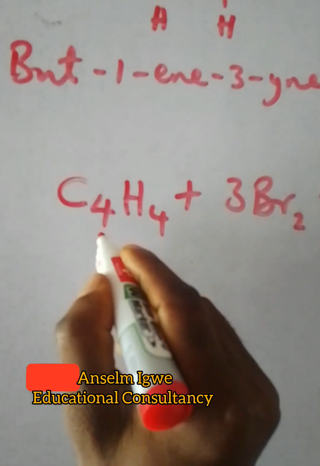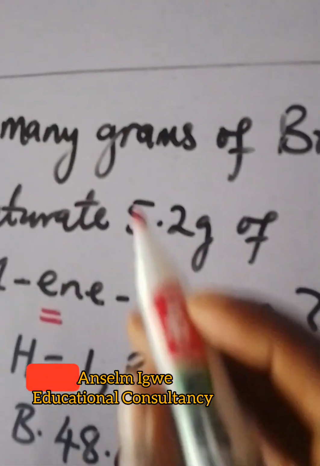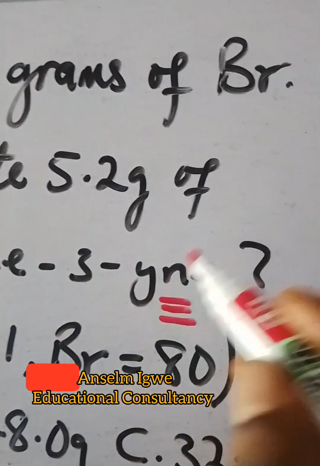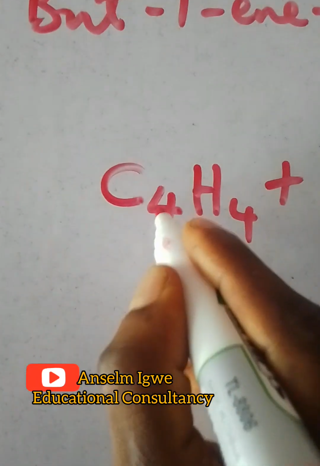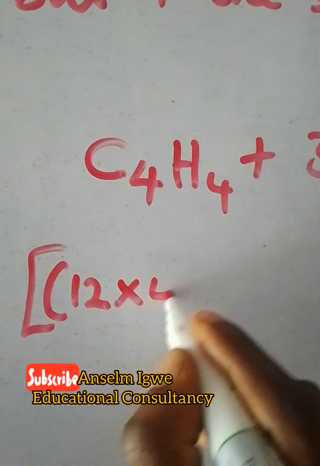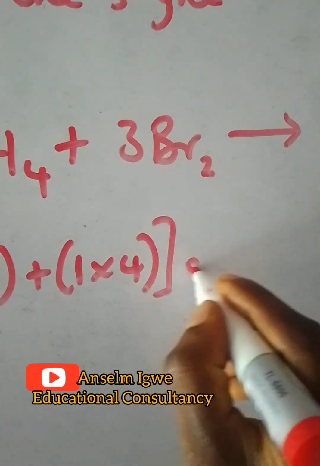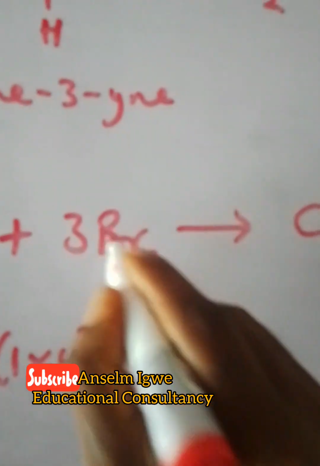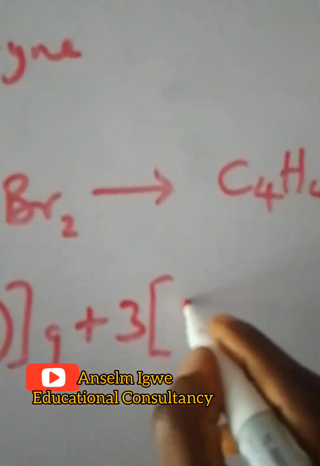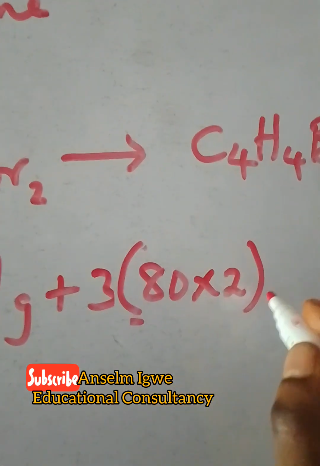We now work out the molecular mass of these 2 species. Remember, they said how many grams of bromine will saturate 5.2 grams of But-1-en-3-yne. So the molecular mass for this is carbon 12 times 4 plus hydrogen 1 times 4 grams, plus 3 times bromine, which is 80 times 2 grams.